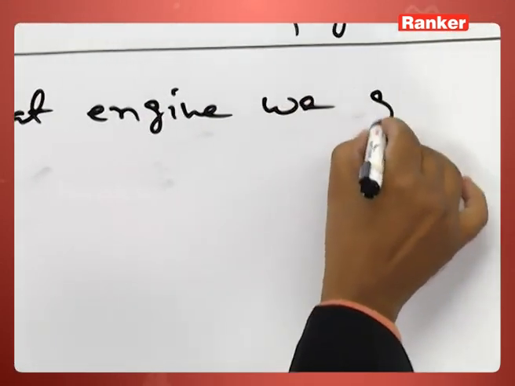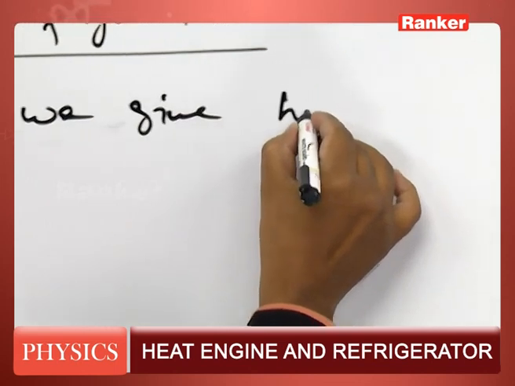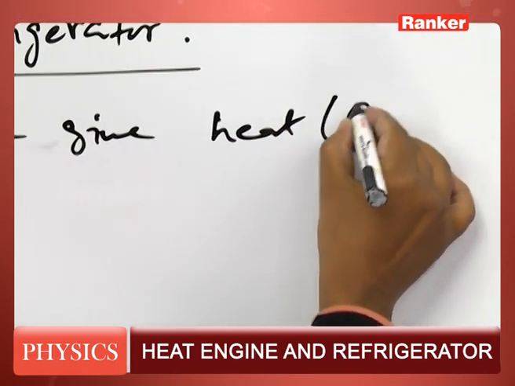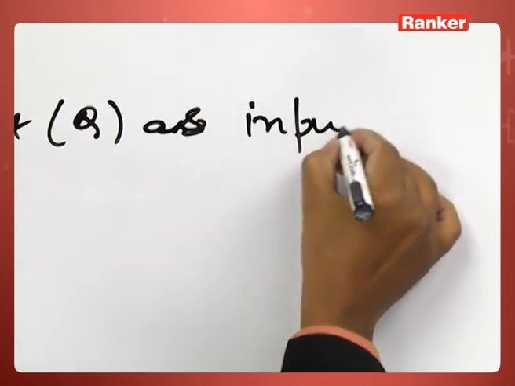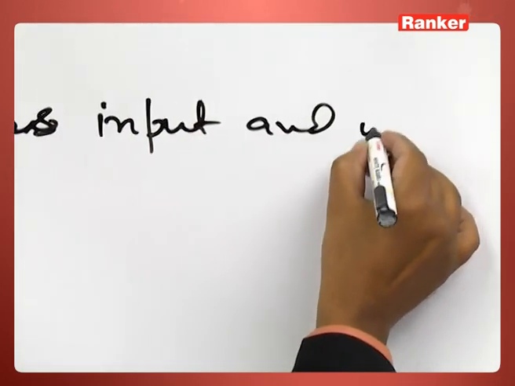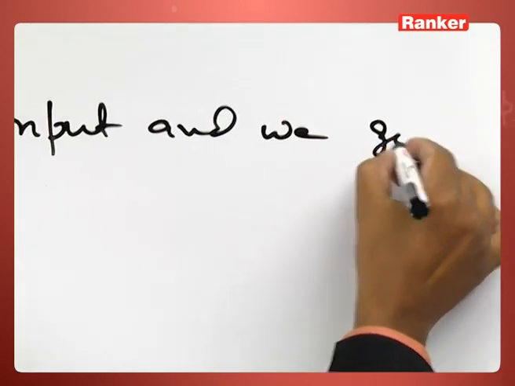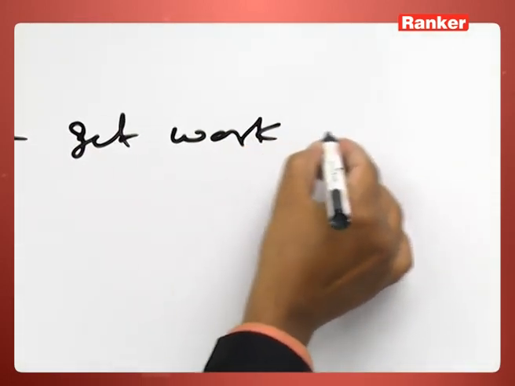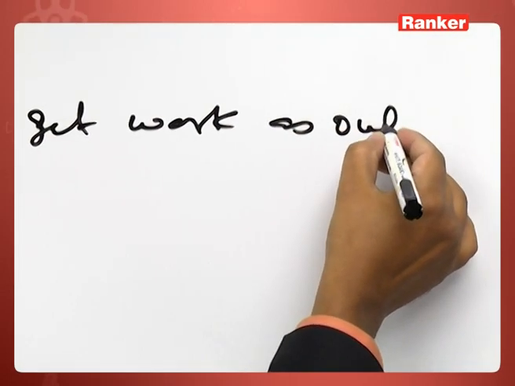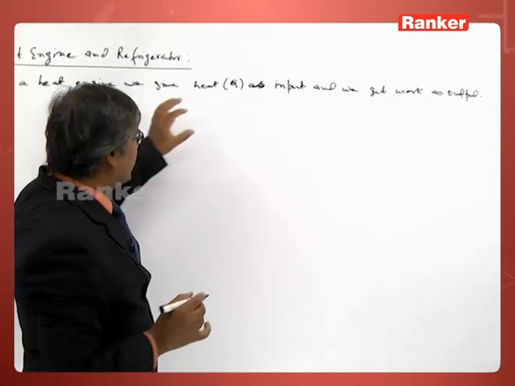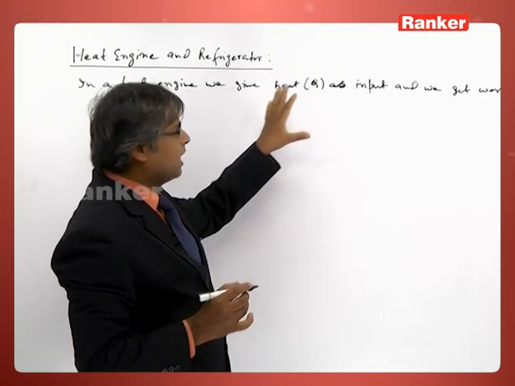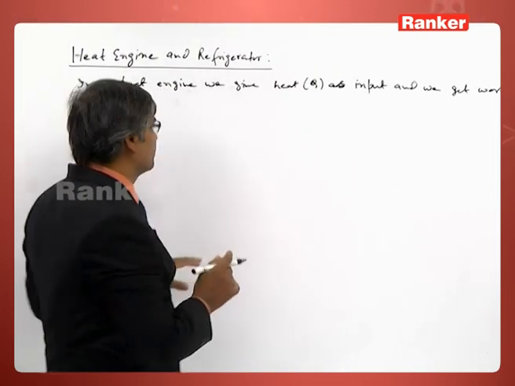So in a heat engine, we give heat Q as input and we get work as output. So we give heat as input and we get work as output.